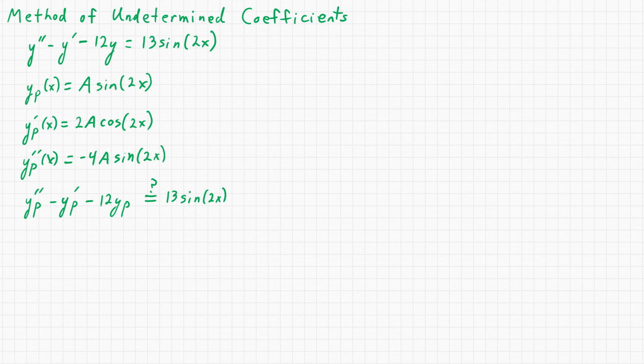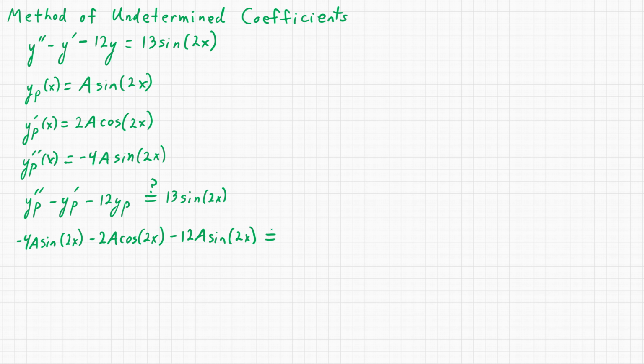We plug them in, we're going to end up with negative 4a sine 2x. Then we have a minus 2a cosine of 2x for the y particular prime term. Then we have a minus 12a sine of 2x.